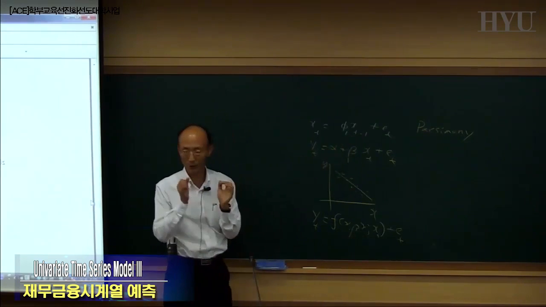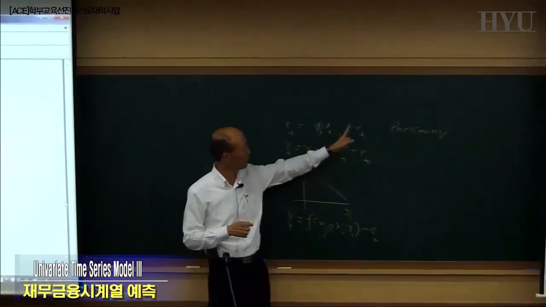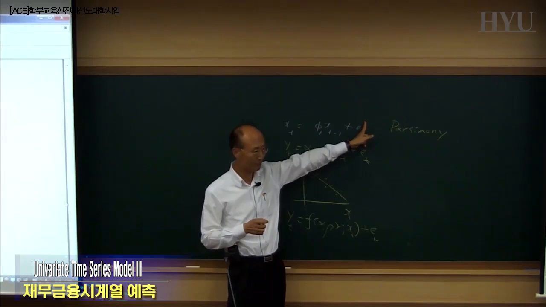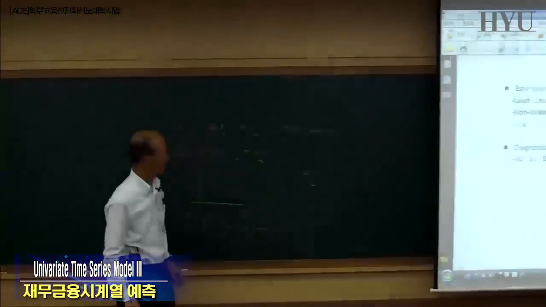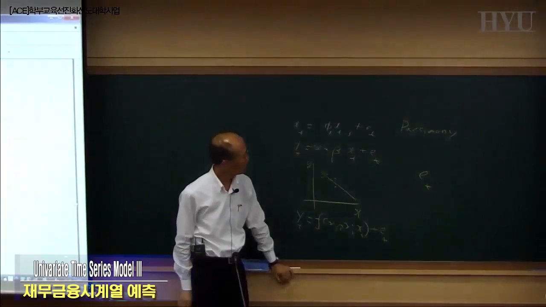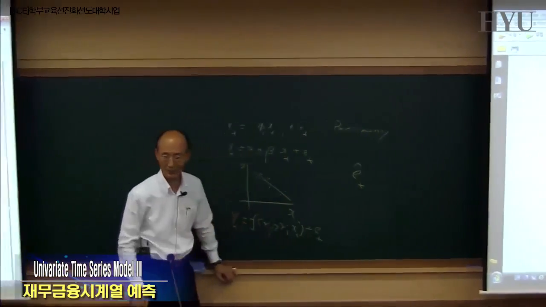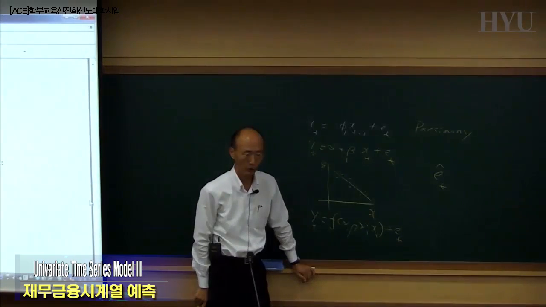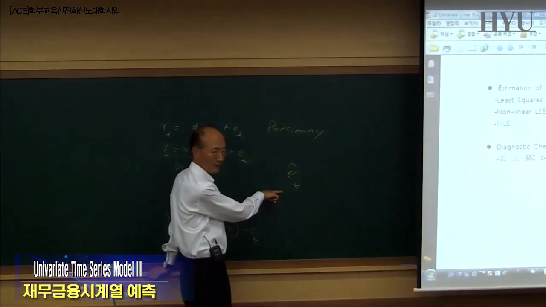So given your guess on parameters, you can calculate the fitted value, and then the residual, which could be positive or negative, right?